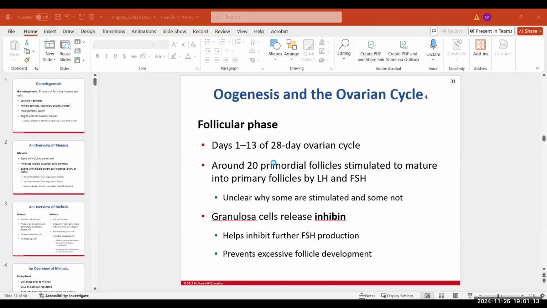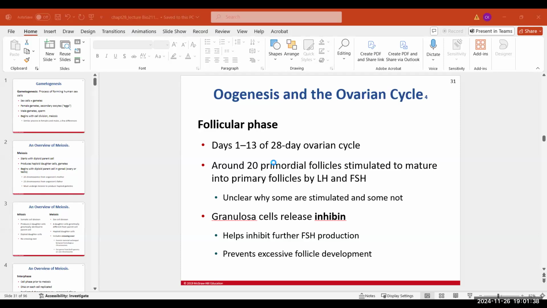Okay. Questions about that so far? I'm trying to keep it just real simple. So in the follicular phase here, whatever primordial follicles started to transition into primary follicles, we start to see some of them fall away, and then we develop into the secondary follicles, but eventually, like I said, only one.